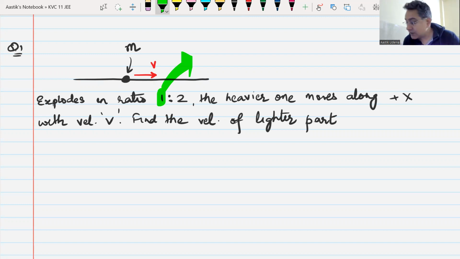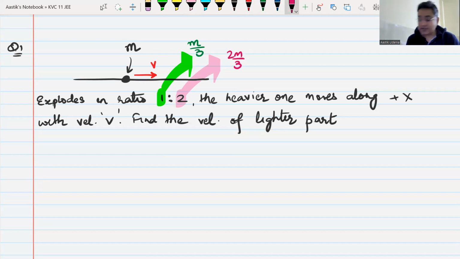In terms of M, what will be the mass of the lighter part? M by 3. Correct. M by 3. And what will be the mass of the heavier part? 2m by 3.